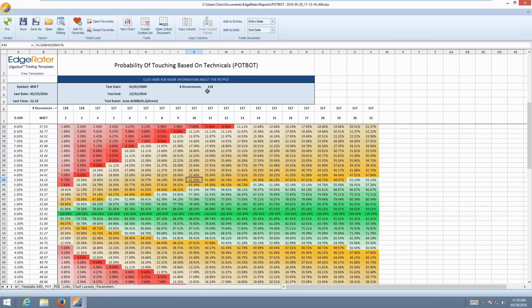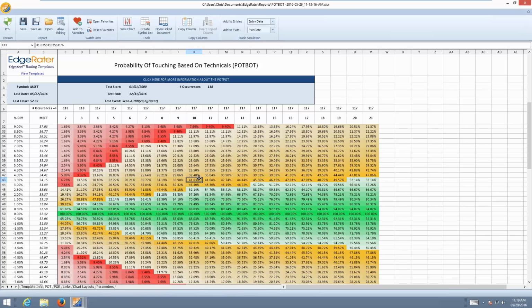The number of occurrences up here tells you the maximum number of occurrences, and that was 118. But anyway, this number here, 41%, is saying that out of the 117 times that were tested here, during the next 10 days after that event occurred, 41% of those times, price got to plus 3.5%.